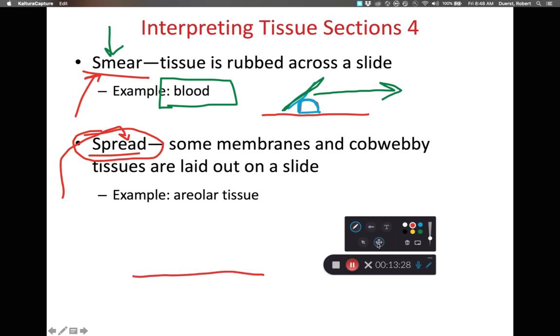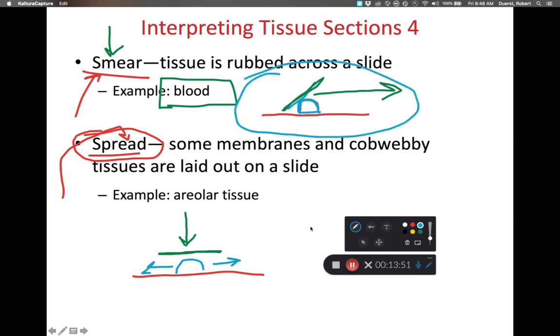If I have my microscope slide, I would take my chunk of tissue, put it on the microscope slide, and then I would take my cover slip and put it over the tissue, and I would just apply a lot of downward force, causing the tissue to spread out as opposed to being smeared like I diagrammed on the top of the screen.